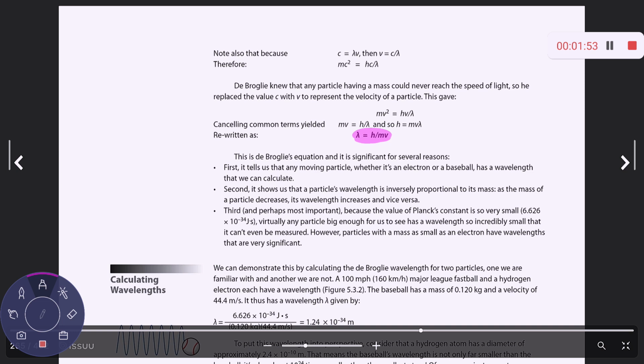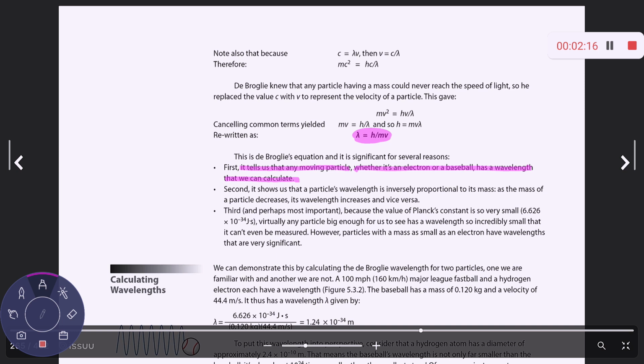So this equation is significant for a couple of reasons. This equation tells you that any moving particle, like a baseball, a football, or an electron, has a wavelength that we can actually calculate. And if you take a closer look, mass is in the denominator of the fraction, so that means that mass and wavelength would be inversely related.